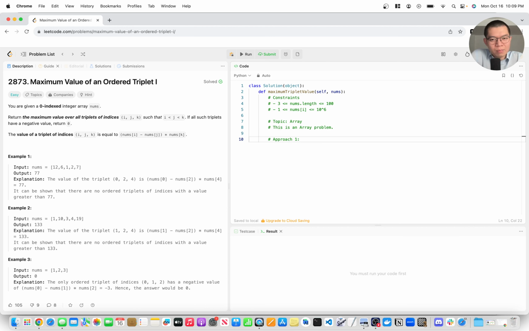Res equals max of res and the triplet value. So basically we're doing triple for loops, calculating the results and seeing if we found a max value that's greater than the previous result value, and we return the result.